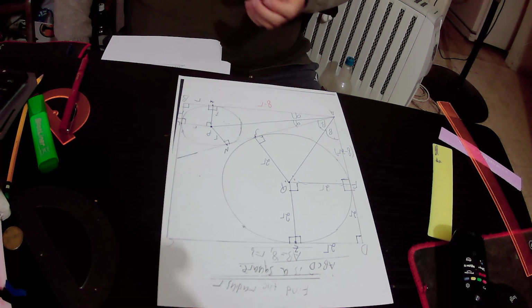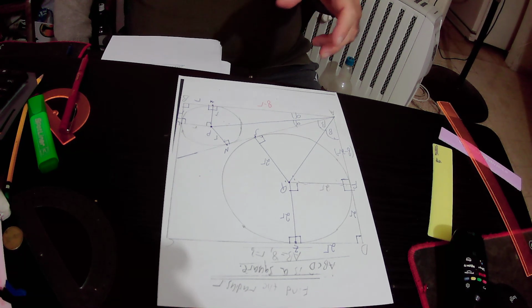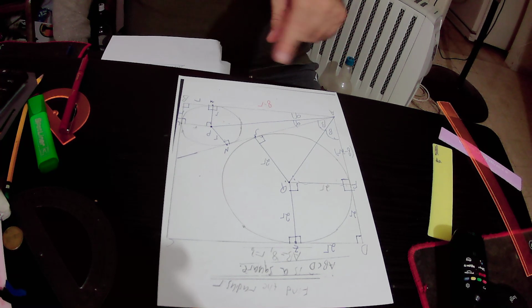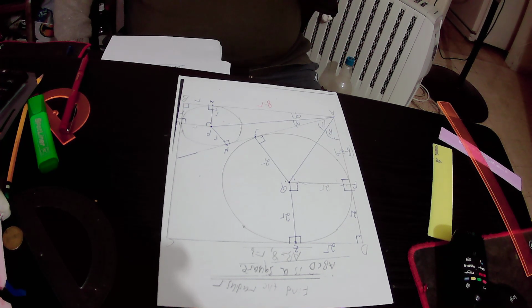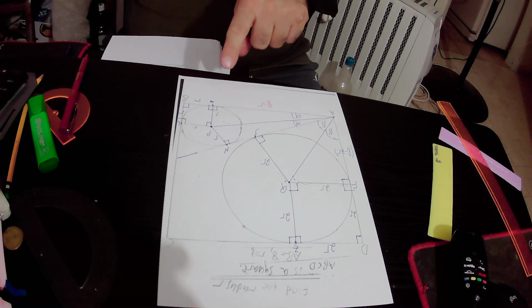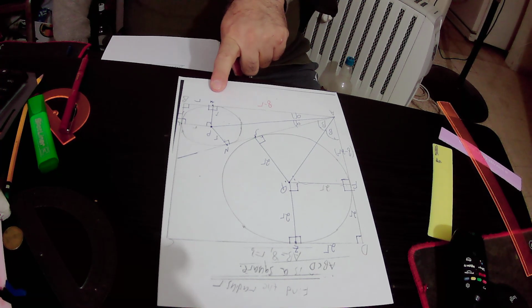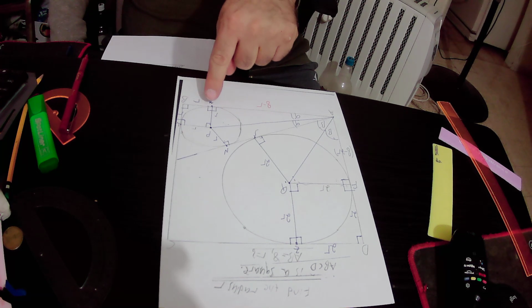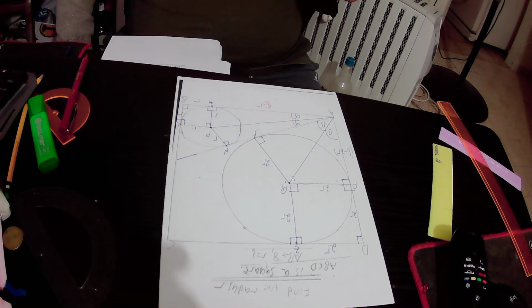So rule number 1 states that the tangent AM touches at point M, and according to rule number 1, the tangent AM is perpendicular to this radius at the point of tangency, that is to say, at point M this angle equals 90 degrees, and this angle also equals 90 degrees.